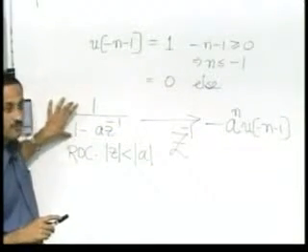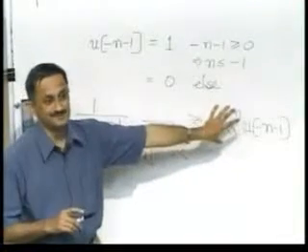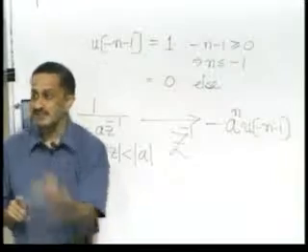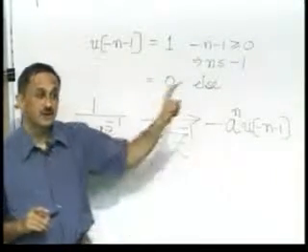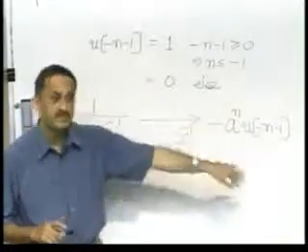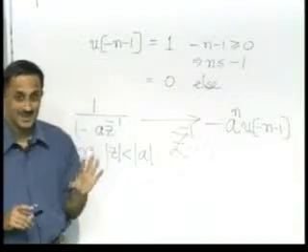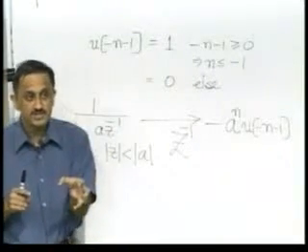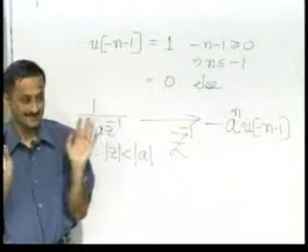Firstly, for a given Z transform with a given region of convergence, the sequence is unique. Once you have a Z transform and a region of convergence, the sequence corresponding to that is unique. So, there is no possibility of finding some other sequence which has the same expression with the same region of convergence. Once you specify the region of convergence and the expression, the sequence becomes unique.